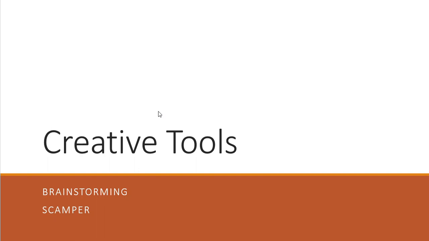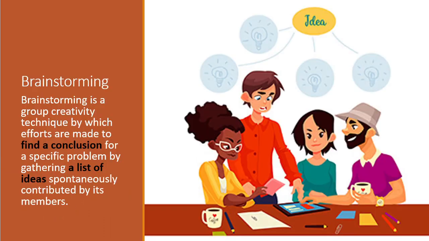So we have two here to be covered in our syllabus, brainstorming and Scamper. Actually, brainstorming, you have done the activity for brainstorming. So let's just recall what brainstorming is. In definition, brainstorming is a group creativity technique by which efforts are made to find a conclusion for a specific problem by gathering a list of ideas spontaneously contributed by its members.